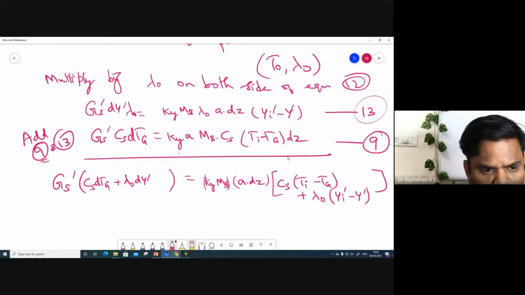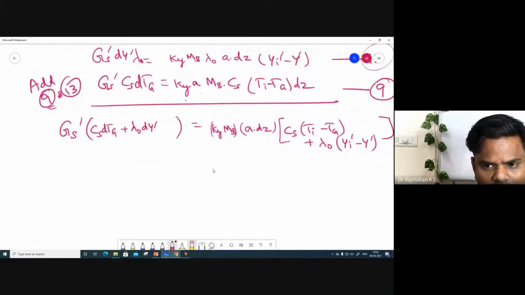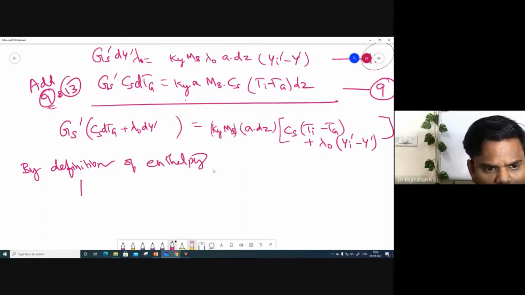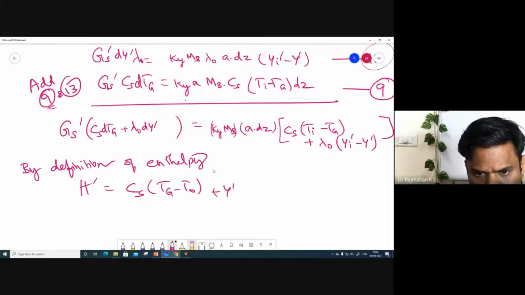And if you recall, what is the definition of enthalpy? By definition, we have enthalpy H' is equal to Cs into (Tg minus T naught) plus Y' into lambda naught.